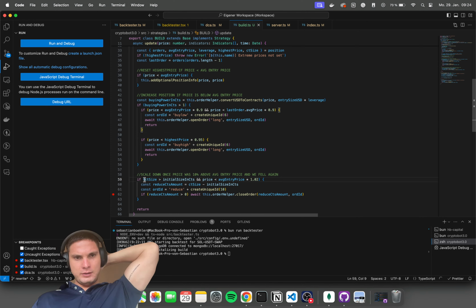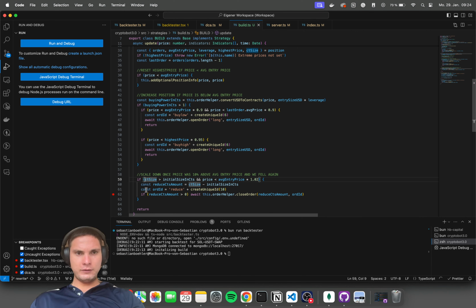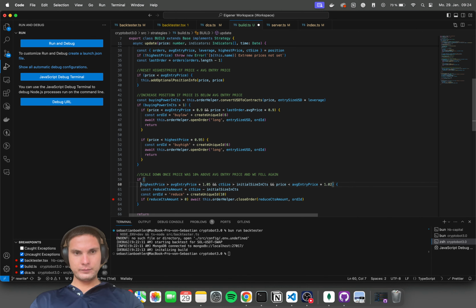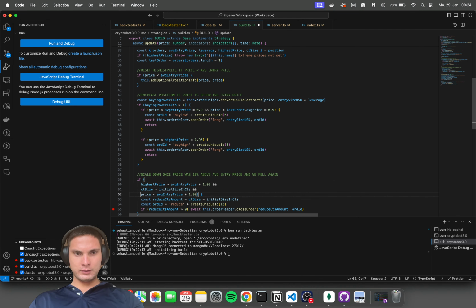And the reduce was because, so we need to check additionally here for the highest price to be, I don't know, average entry price times 1.5, let's say. And I wanna have a better overview.